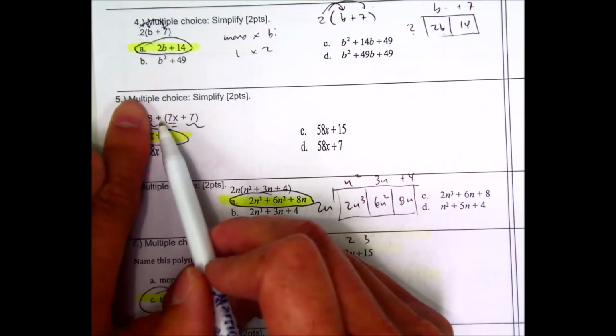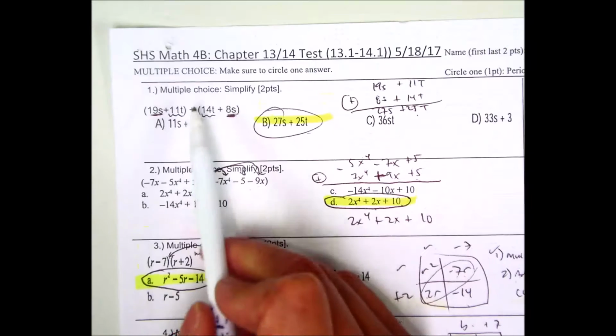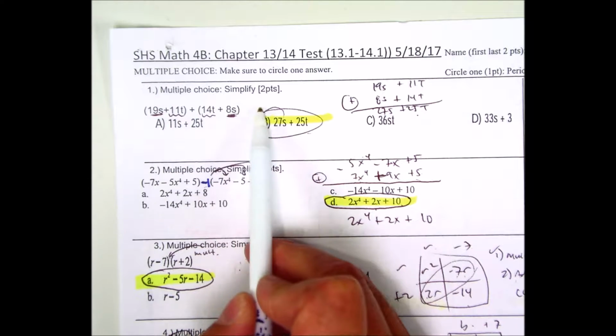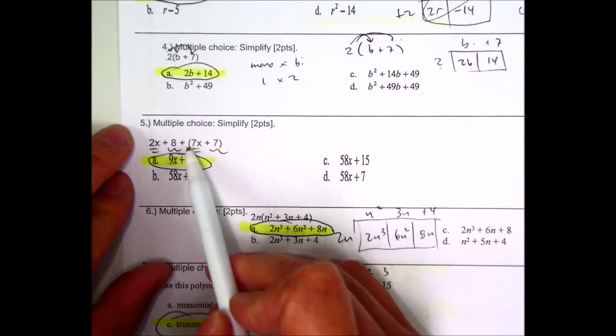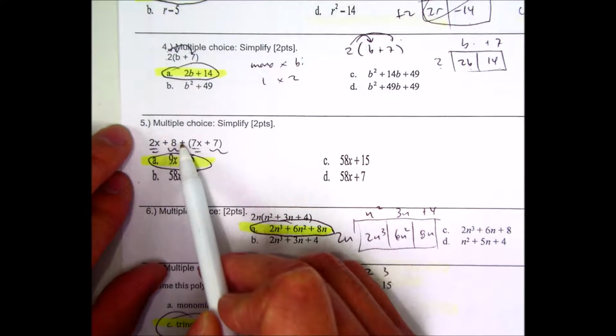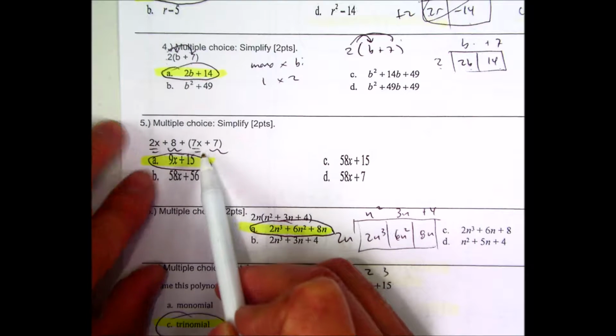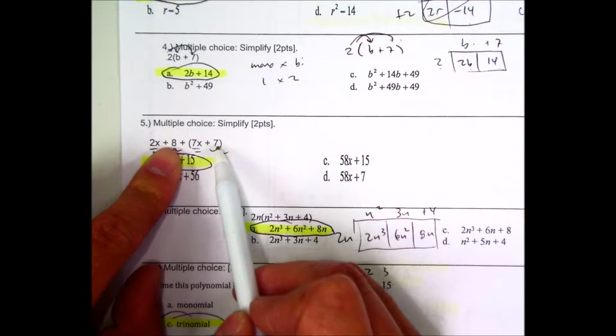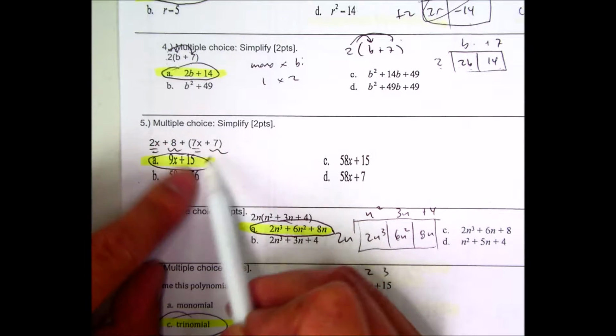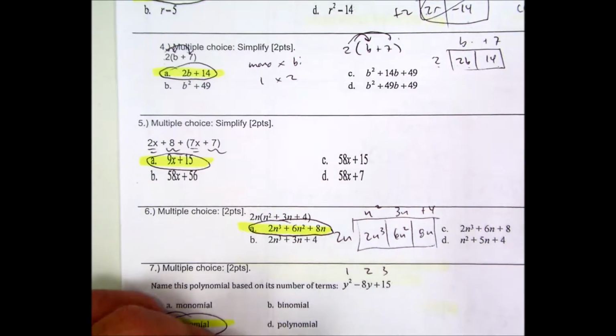You have a plus sign, just like you did in problem number 1, and it doesn't change anything in the parentheses, so all you do is just drop the parentheses. So you have 2x plus 8 plus 7x plus 7. These two are like terms, that would give you a 9x, and 7 and an 8, you add those together and give you 15. Choice A is your answer.